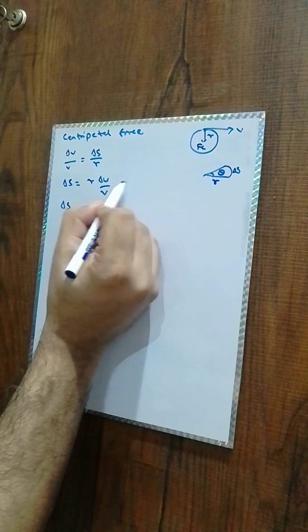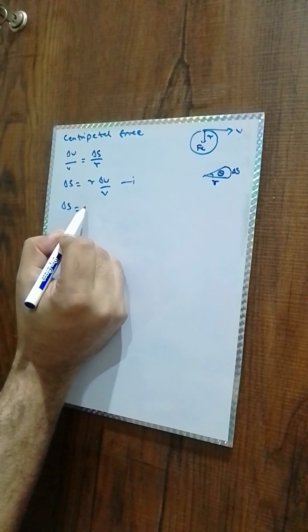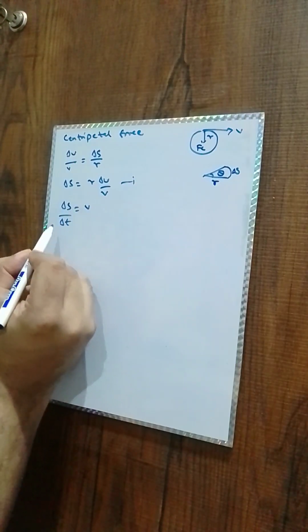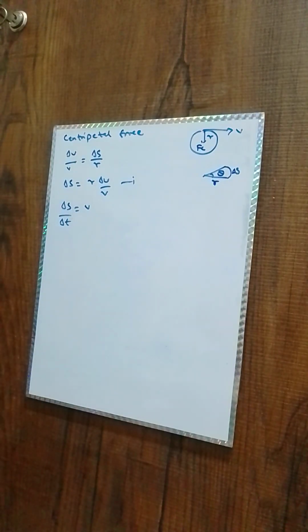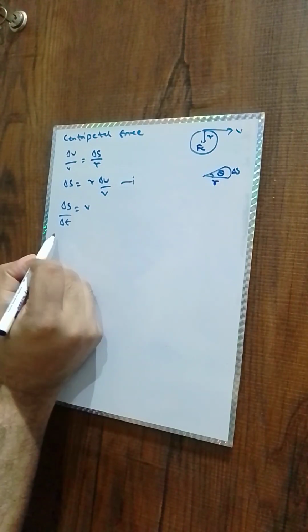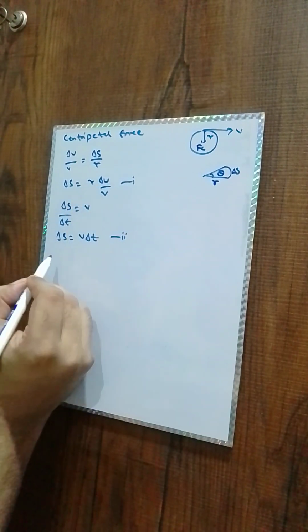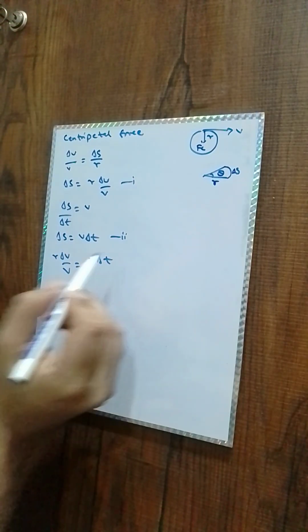And delta S is also equal to, delta S by delta t is equal to v, differential displacement by differential time is equal to instantaneous velocity in this case. So it says that delta S is equal to v delta t, so this is the second form. Now we equate 1 and 2, so r delta v by v is equal to v delta t.